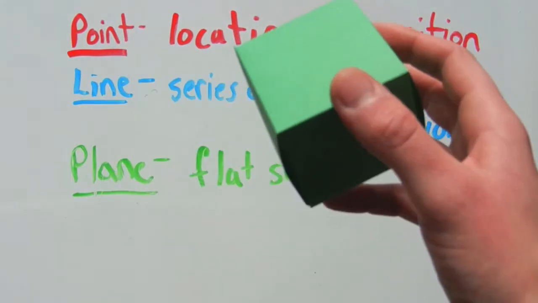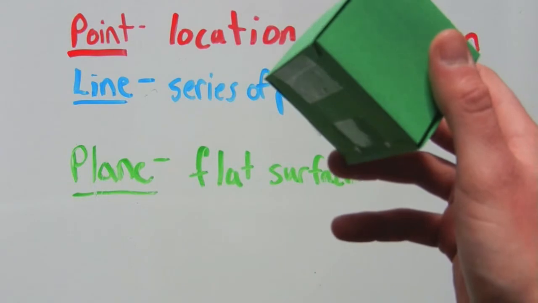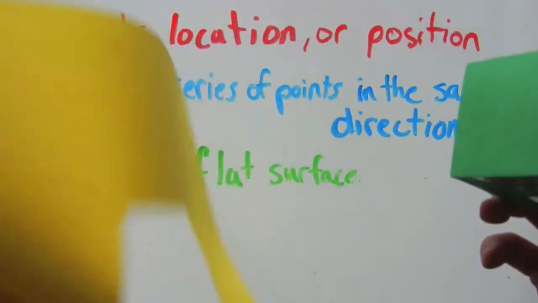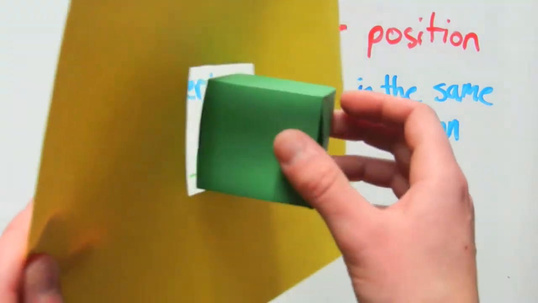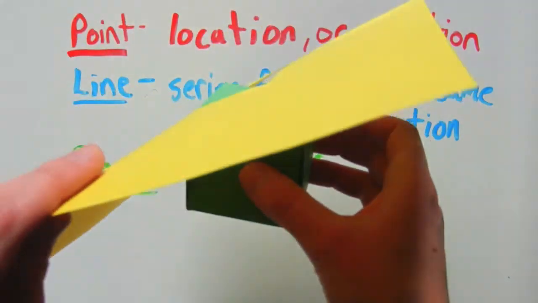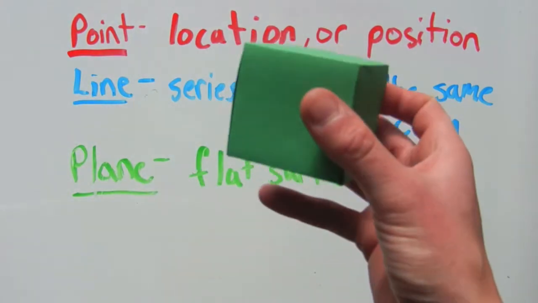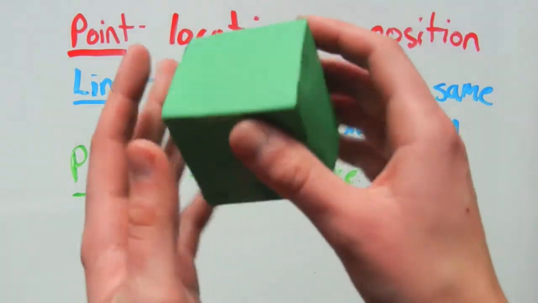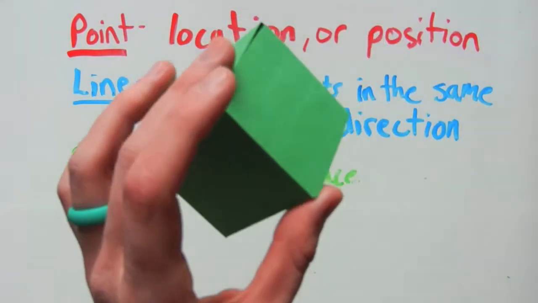space. A cube is made up of many different planes. Remember, if we took our piece of paper as a plane, that plane could pass through the cube many different ways. So space, or a solid figure, would be 3 dimensions.